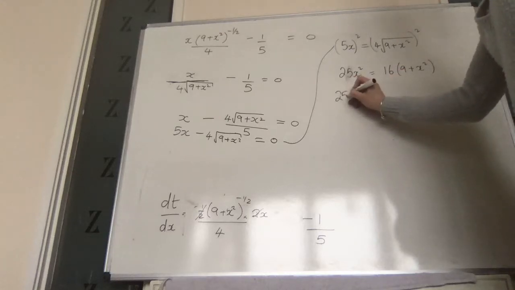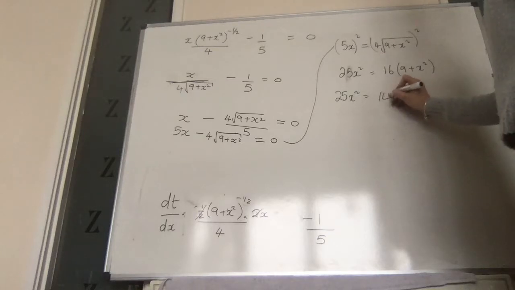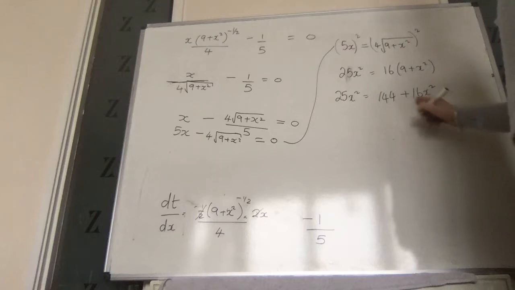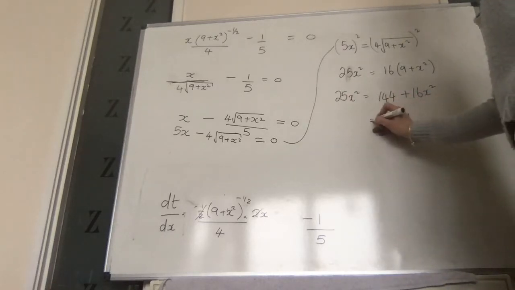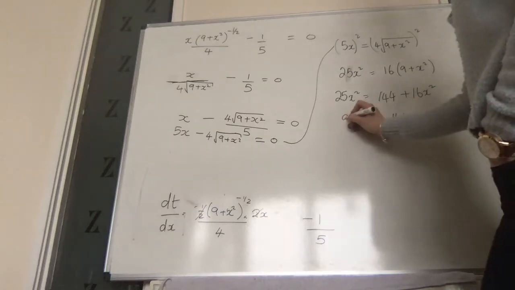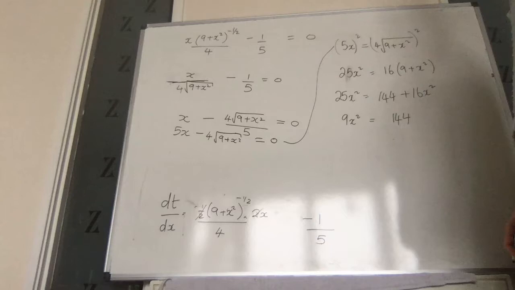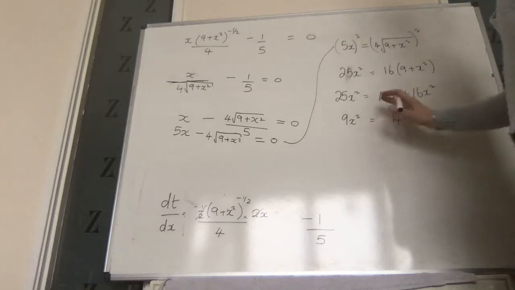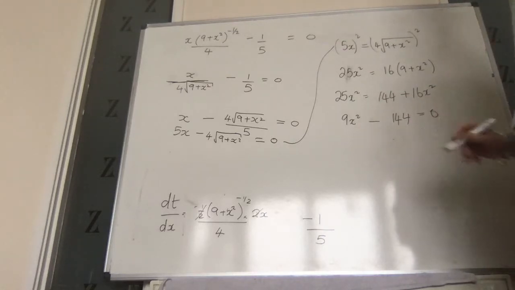So 25x squared is equal to 144 plus 16x squared. Subtract the 16x squared from both sides and we get 9x squared is equal to 144. Okay, technically we should bring that over, so 9x squared minus 144 is equal to 0.